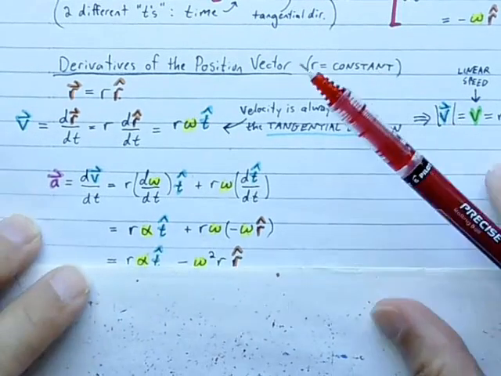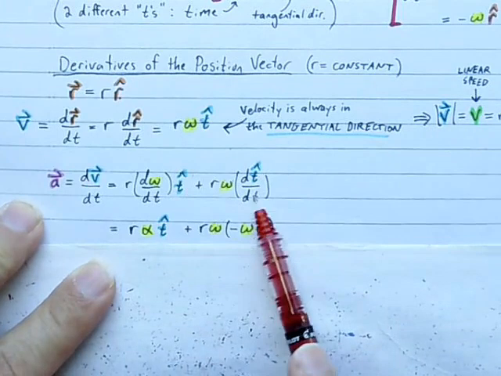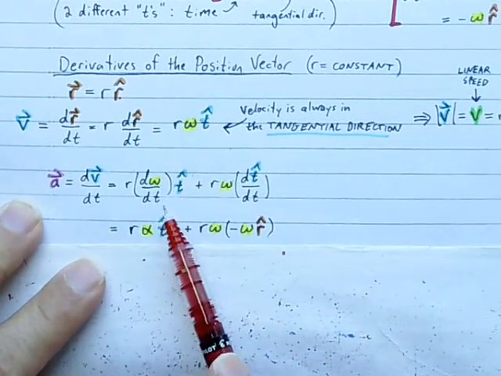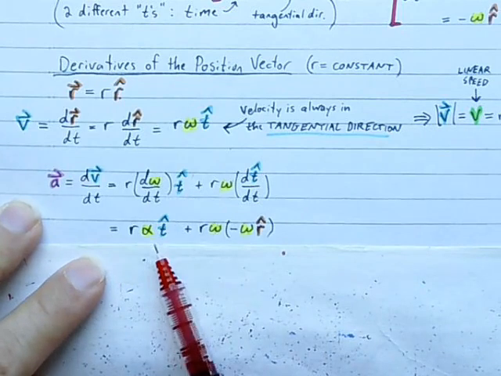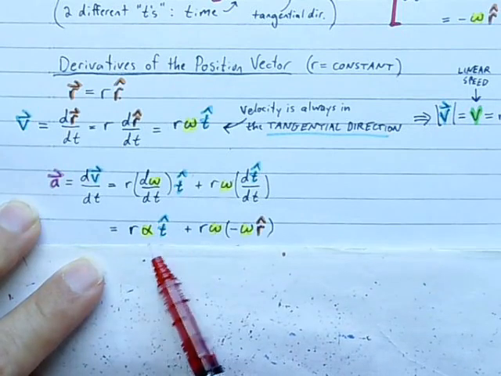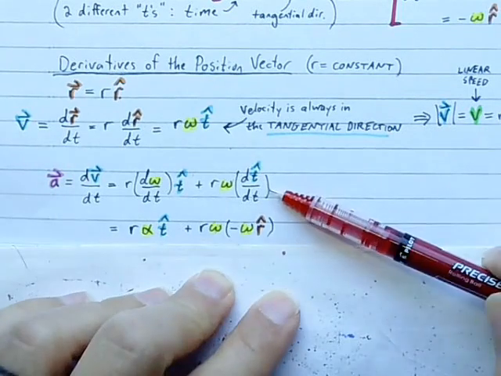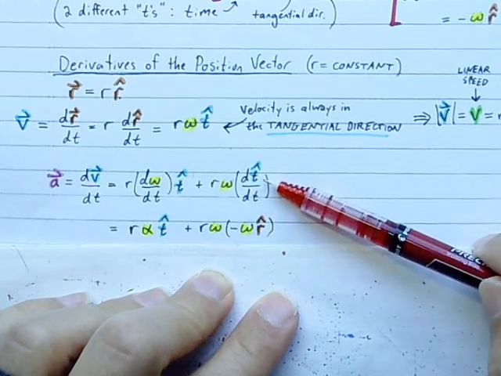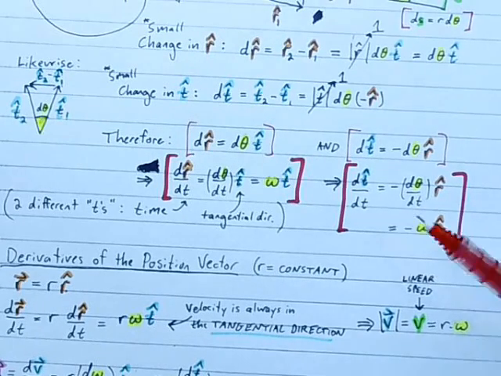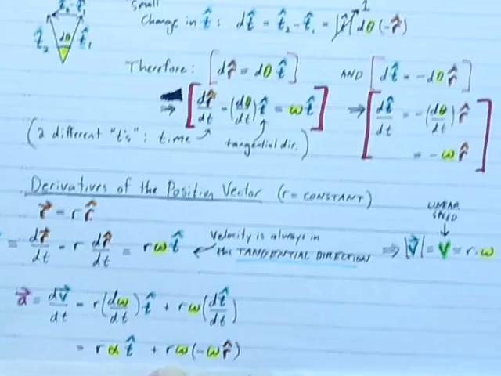So we can see that we've got a tangential term and whatever this comes out to be. So this first term, d omega/dt, we already defined that as alpha, our angular acceleration. So our acceleration has a tangential component equal in magnitude to r times alpha. And now over here, we need the time rate of change of your t hat unit vector, which we worked out back up here. dt hat/dt equals minus omega r hat.